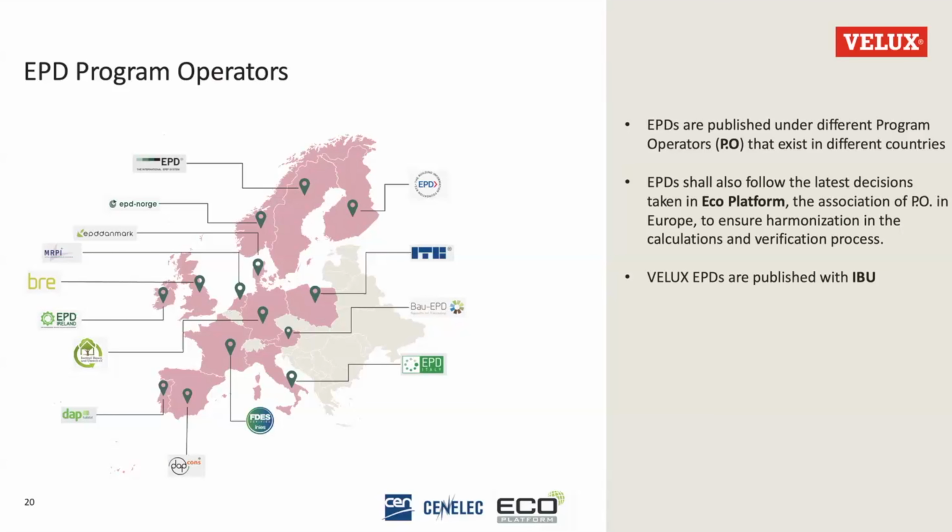And they work together through a platform called the Eco Platform Association. This association is there to harmonize the methodologies, calculation rules, and verification procedures that all these EPDs are following. And this alignment is important because it increases the consistency and the trust in the data in this environmental declaration documentation.